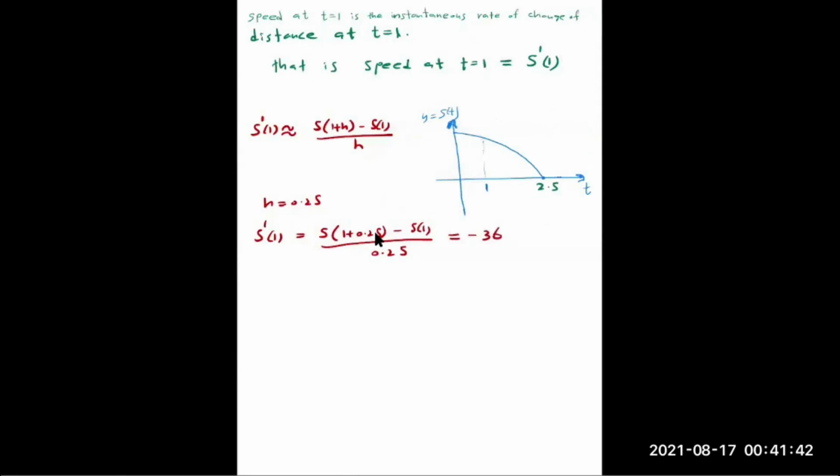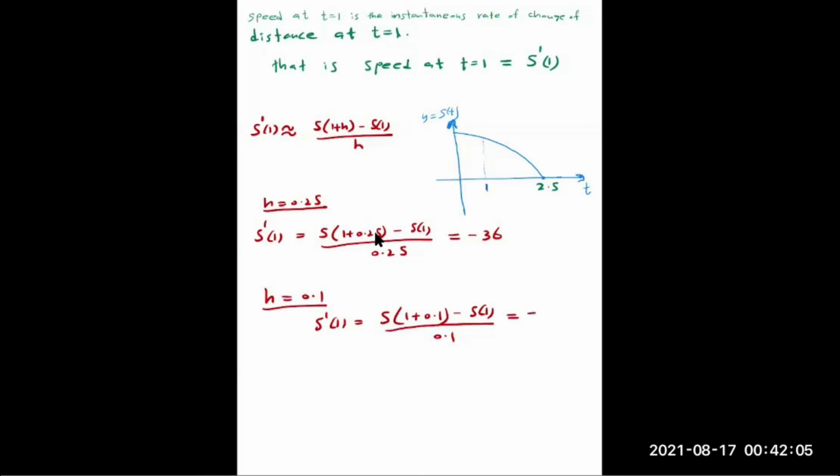And we can do another approximation. I'll try to find a better approximation, choosing h to be 0.1 this time. Then you will get s prime of 1 is approximately s of 1 plus 0.1 minus s of 1, divided by 0.1.